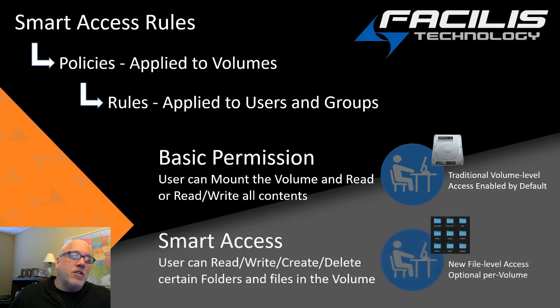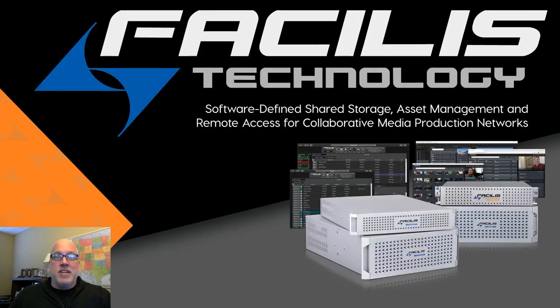You can just add policies to a volume that you already have accessible through read-write access for multiple users, and all of a sudden, different things will happen depending on what you want to do. But it's completely optional. Keep using it the same way if you want to. We just think you'll really like the new stuff that's out in 8.1.